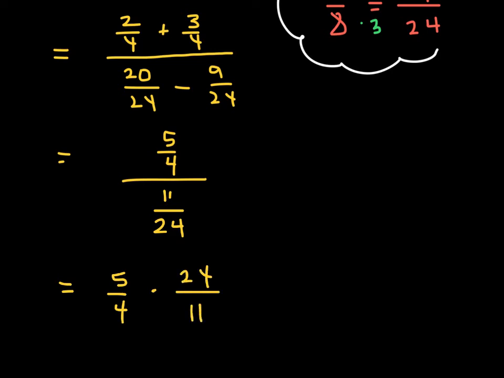In an earlier lesson, I called this KCF. Keep the first fraction the same, change division to multiplication, flip the second fraction, which is the reciprocal.